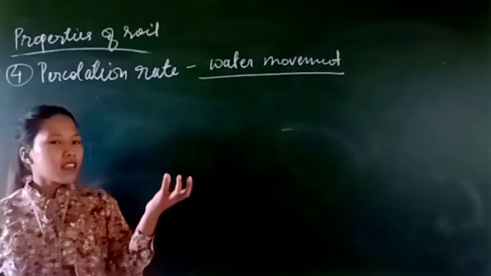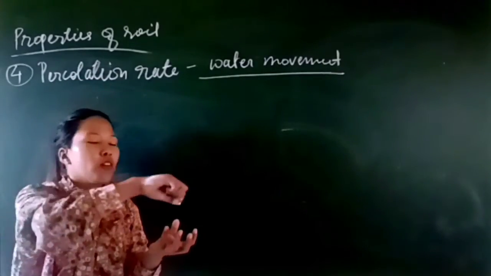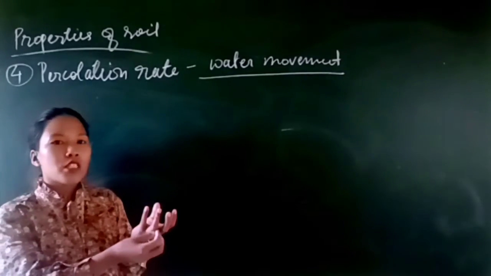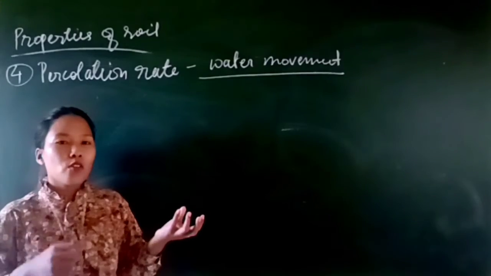Now suppose you take sandy soil and pour water on it. Through the sandy soil, water will travel very fast because it cannot hold water. Just now we have seen that it cannot hold water.